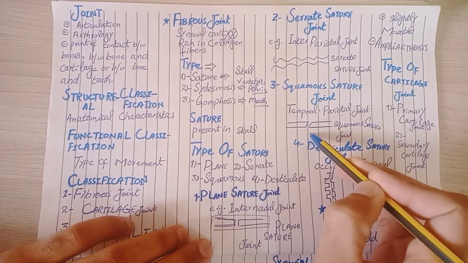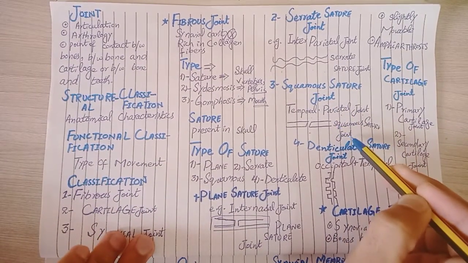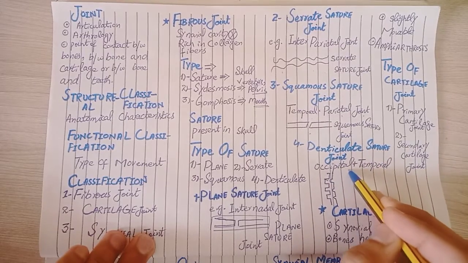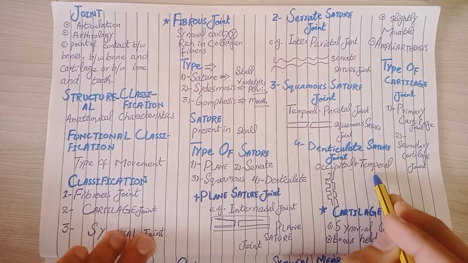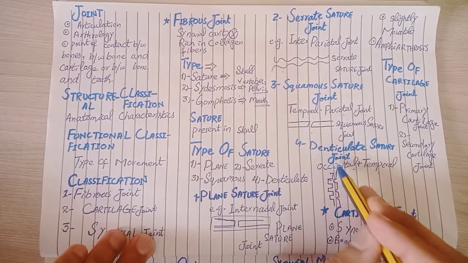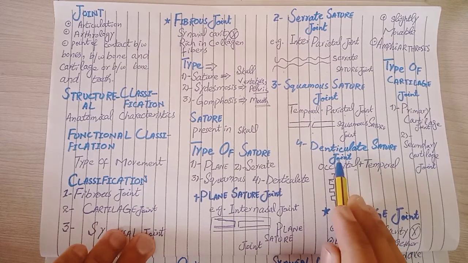This is the shape of a squamous suture joint. The denticulate suture joint is present in the occipital and temporal part. Denticulate means teeth-shaped suture in our body.